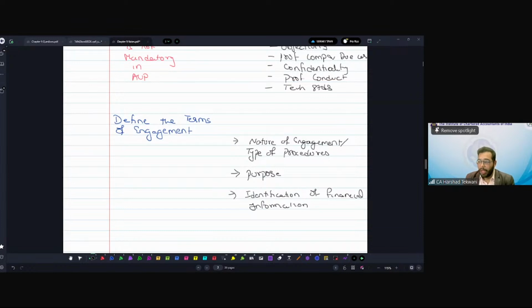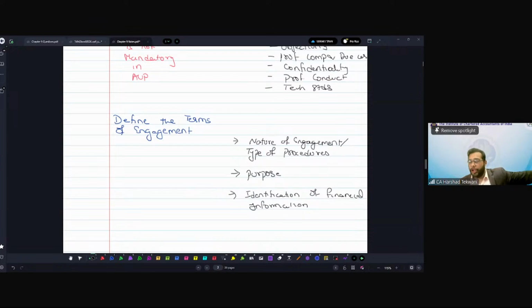See, when I talk about agreed upon procedures, I told you that this is not an assurance engagement. I'm not going to do any completeness or accuracy check of the data. If I am not doing any completeness or accuracy check of the data, then I have to identify that particular data in my engagement letter so that I can say, okay, this is the data you have to give me.